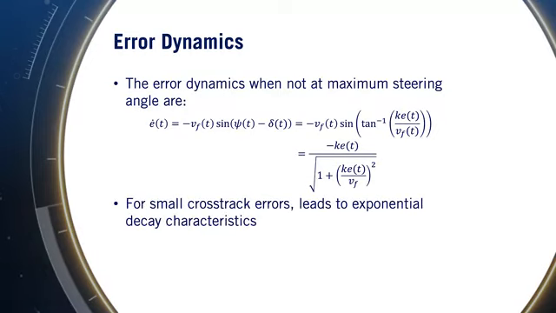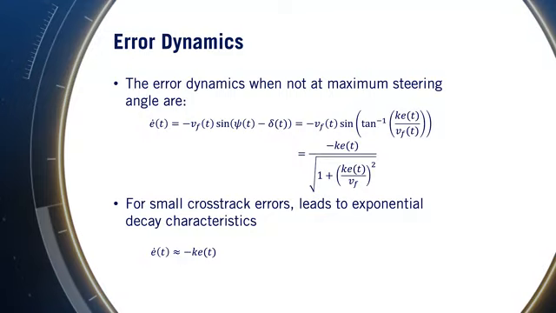For small cross-track errors, we can simplify the denominator of this expression by assuming the quadratic term is negligible. This leads to the realization that the cross-track error evolution follows a first-order differential equation, and the solution for this ODE is an exponential. Since k is positive, we see that the error decays exponentially to 0.